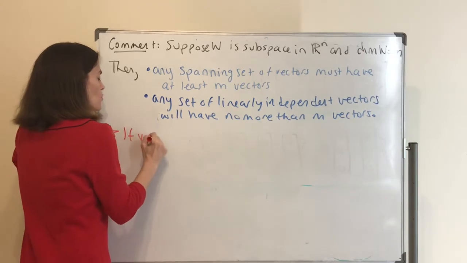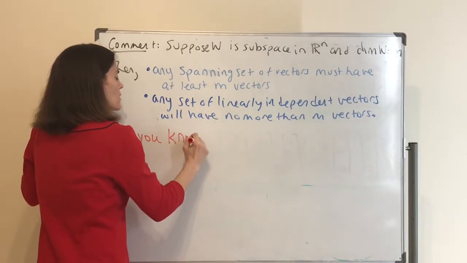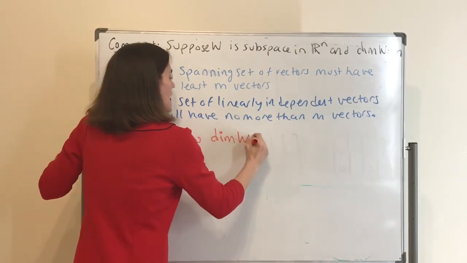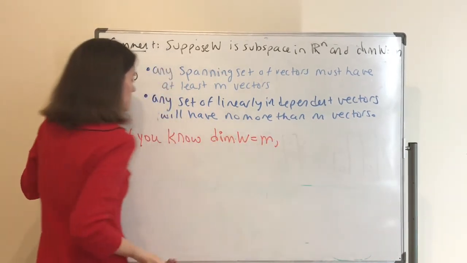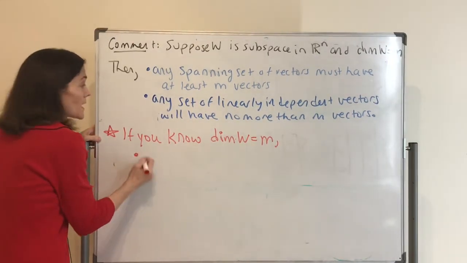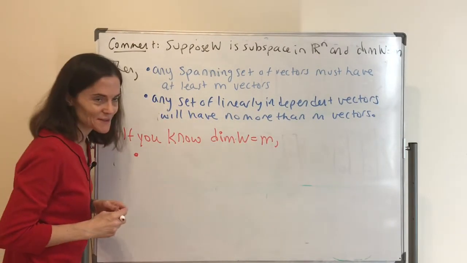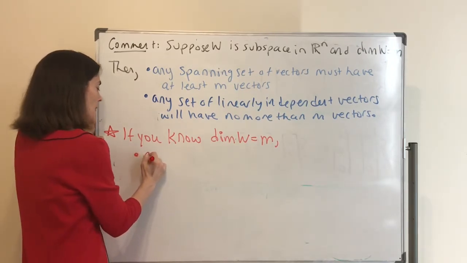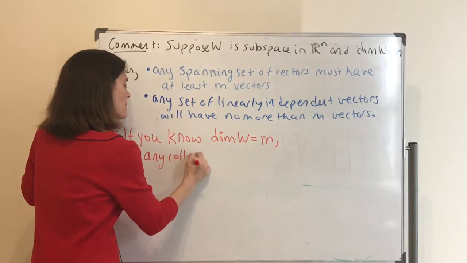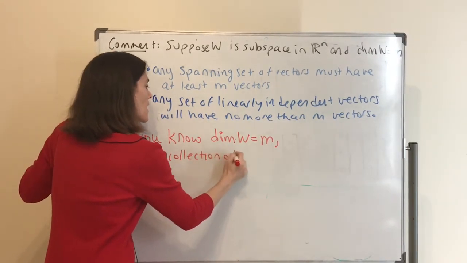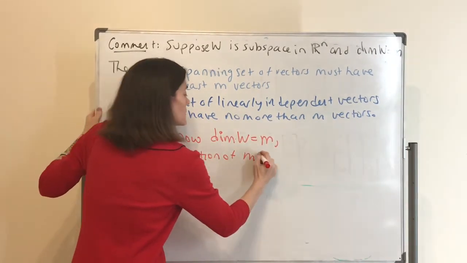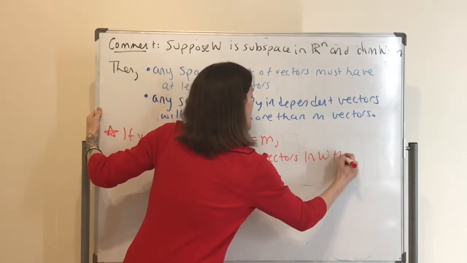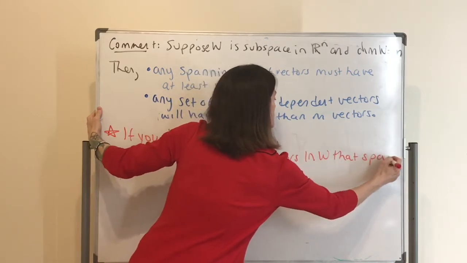If you know the dimension of a subspace that you are interested in, happens to be some M, okay? Then, well, just as here I had 2 things, I will have 2 things to say here, but any collection of M vectors in W that span is a basis.